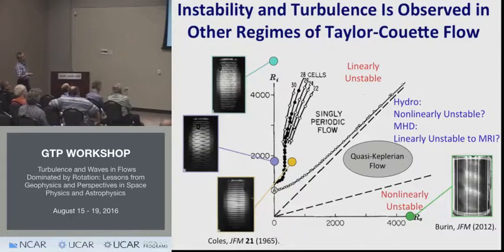On the other hand, this is the solid body line. This regime is much less studied, and there are only a few works, but recently we have work from Michael Burin. He studied nonlinear transition to turbulence in this regime. The question is in between, the quasi-Keplerian flow: in hydro, can we have nonlinearly induced instability, or in MHD, can it be linearly destabilized MRI?